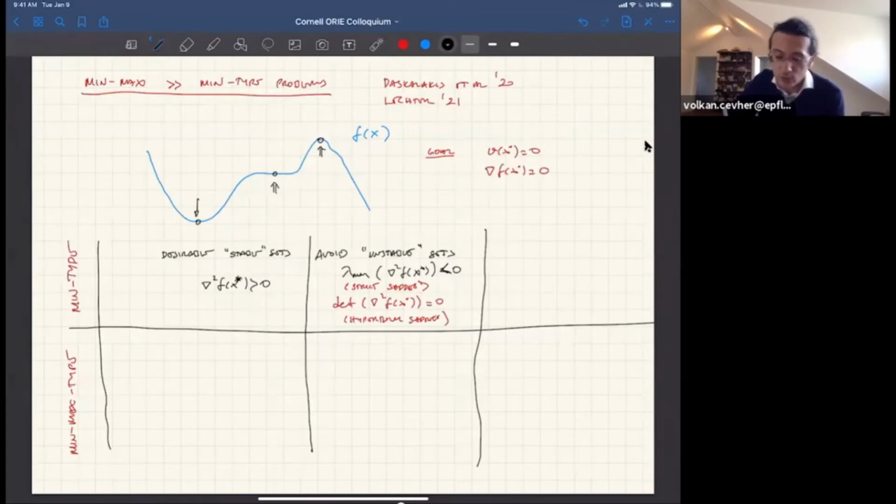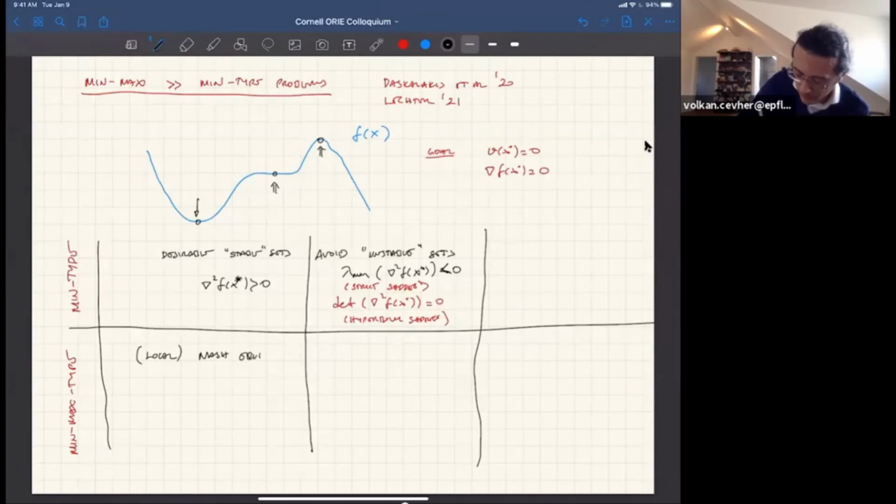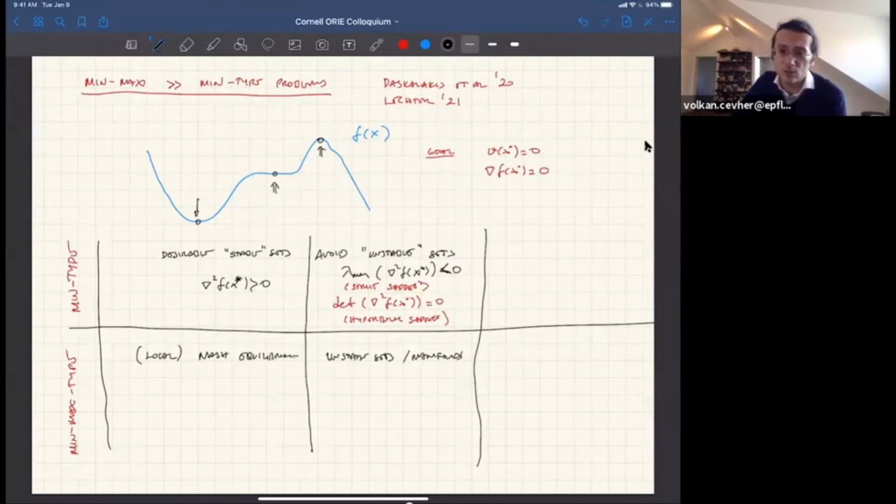Now, these concepts also generalize to the min-max problems, if you think about it. Now, these desirable stable sets, we call them local Nash equilibria. And there are also equivalent unstable sets, unstable manifolds, like ridge manifolds and so on and so forth.